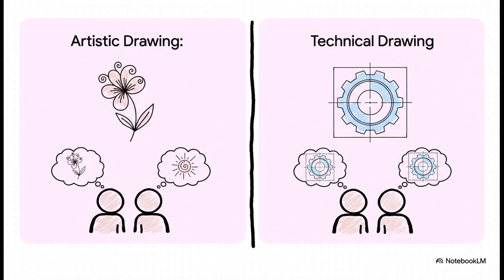And this is maybe the most important distinction we can make. In artistic drawing, it's meant to be interpreted. It's supposed to make you feel something. But a technical drawing can only have one single meaning. If two engineers look at the same blueprint and see two different things, that's a disaster waiting to happen.